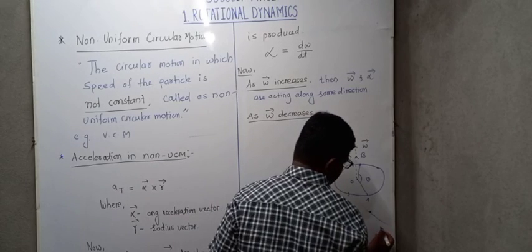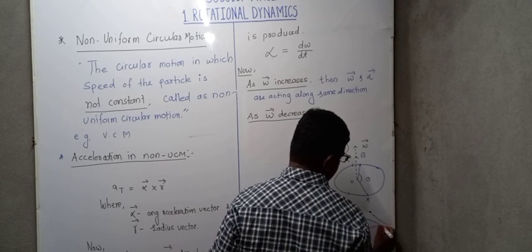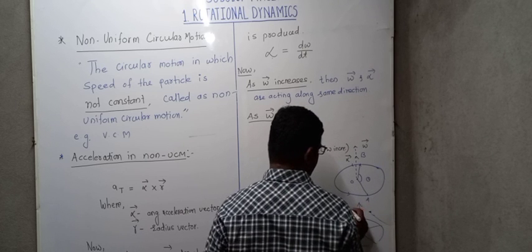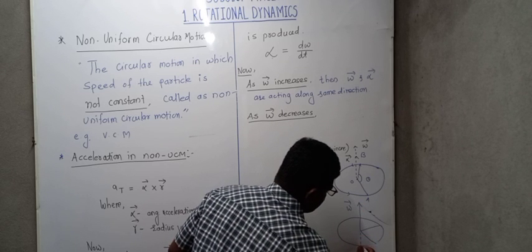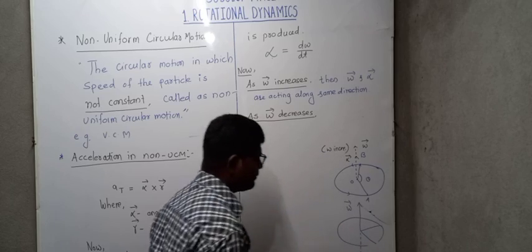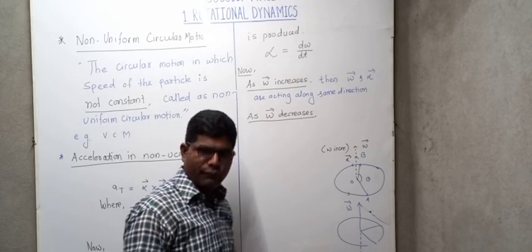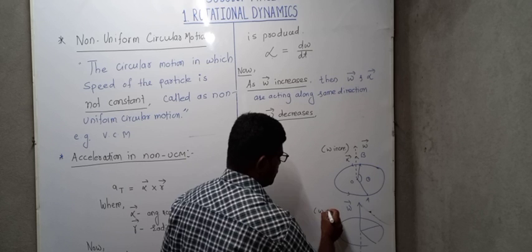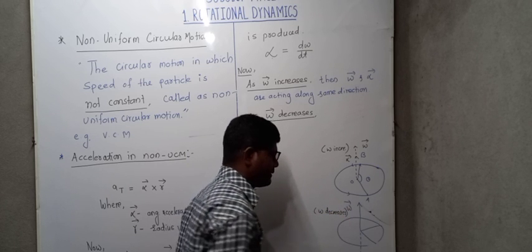That means this is the direction of omega bar, and this will be the direction of alpha bar. It is possible if and only if omega goes on decreasing.